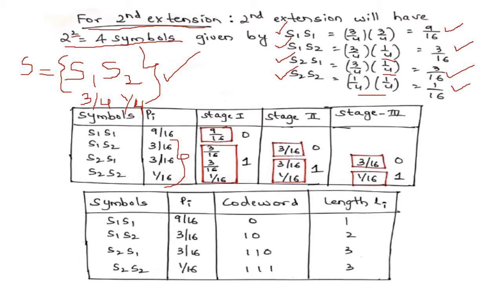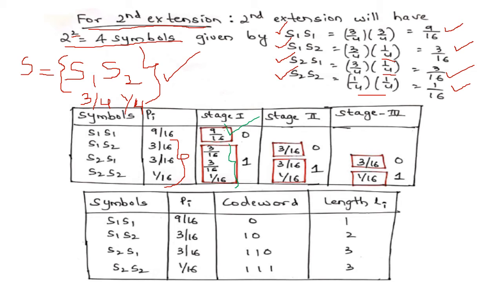So the first group probability is 9 by 16 and the second group probability is almost equal to 9 by 16. It can be exactly equal or it can be approximately equal. So 9 by 16 is one group and all three remaining elements are in the second group, and both the group probabilities are almost equal. Hence you can proceed with the further steps.